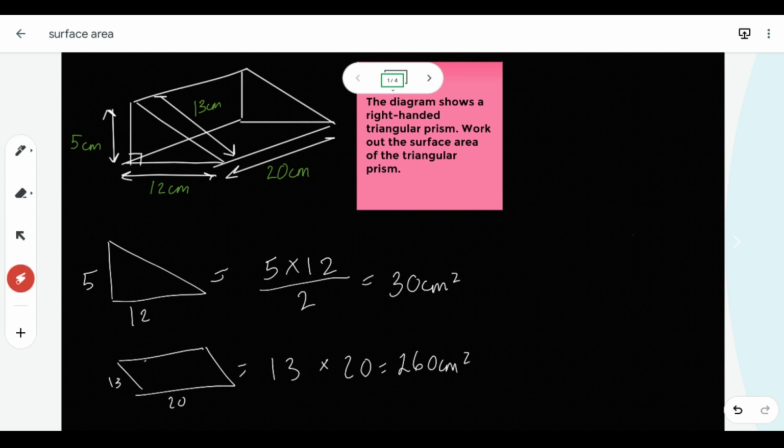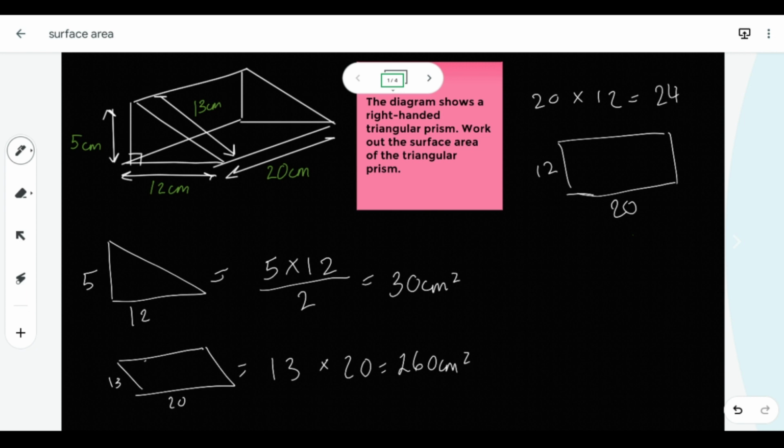And then to calculate the area of this base, we do, so the base has a length of 20 by 12, which is 20 times by 12, which is 240 centimeters squared.